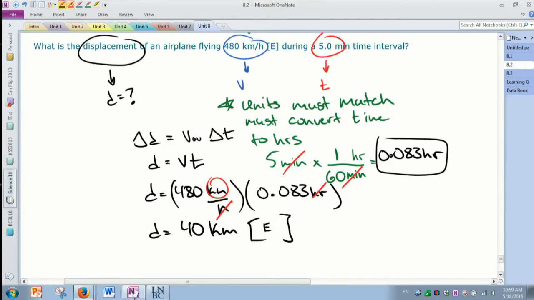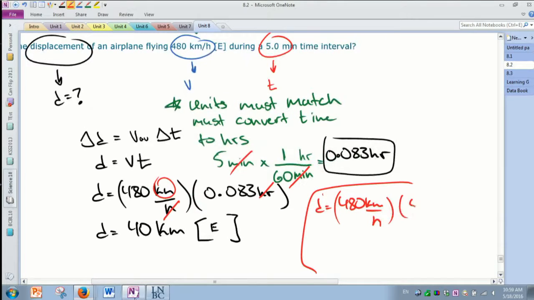Just for fun, let's say I did this incorrectly. The distance was 480 kilometers per hour, and then I multiplied that by 5 minutes. So 480 times 5, not really interested in what that is, but notice what happens to my units.